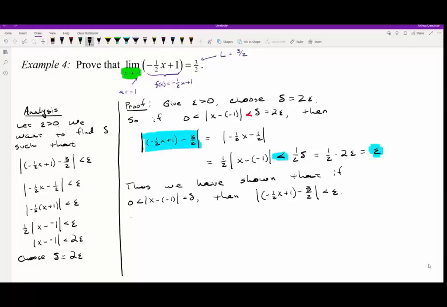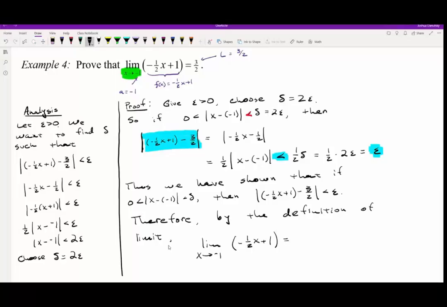Therefore, by the definition of limit, we've shown that the limit as x approaches negative 1 of negative 1/2 x plus 1 is equal to 3/2. And that's it.